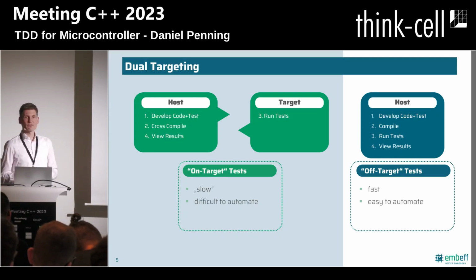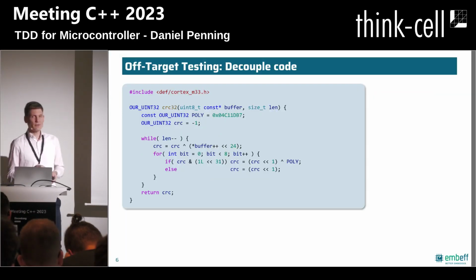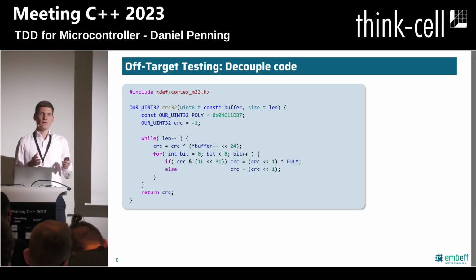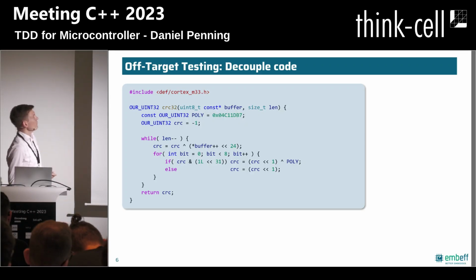So what kind of code can we test with off-target testing? And what kind of code do we need on-target testing for? Let's first start with off-target testing. To do off-target testing, you need to compile your code with your desktop compiler. I brought a function here, CRC32.